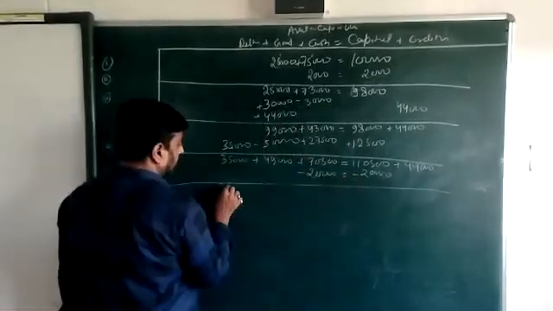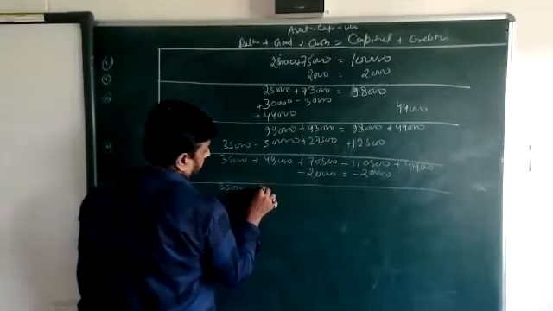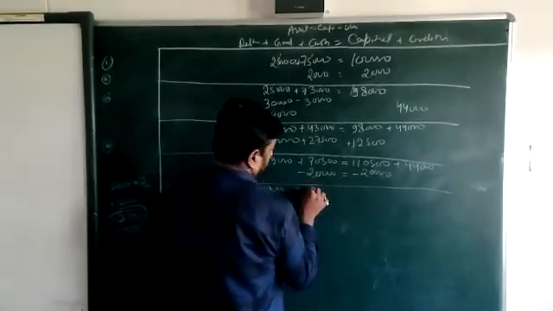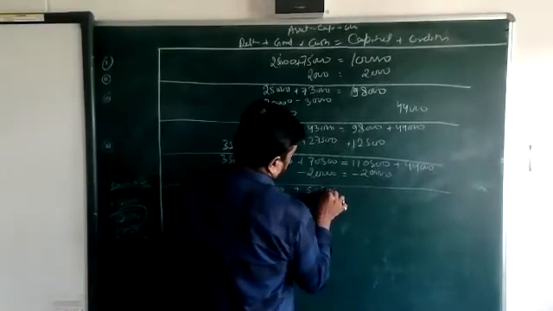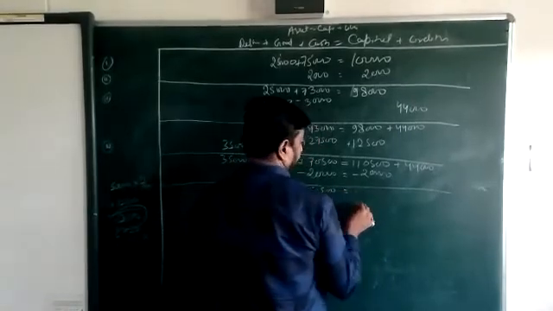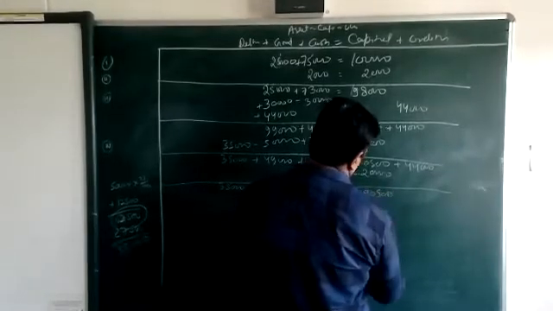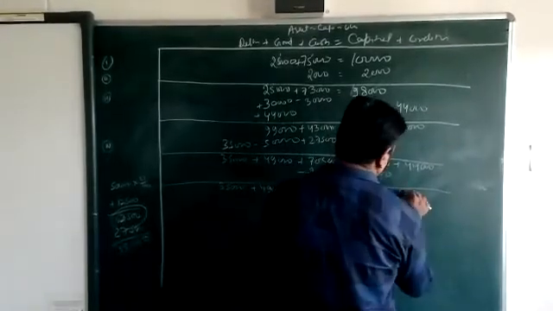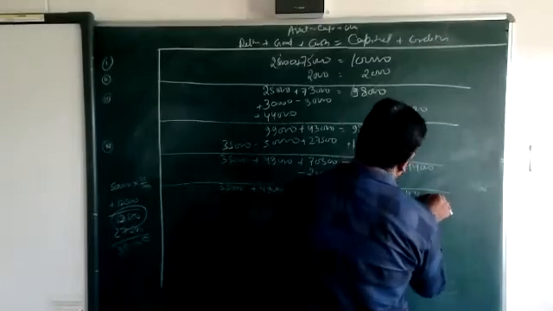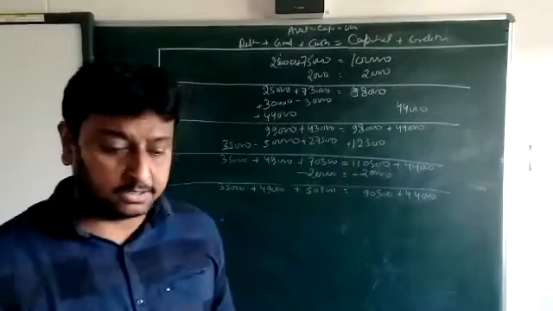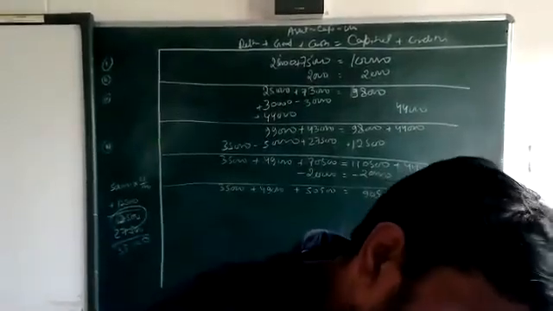So then 35,000, 49,000, 50,500, 90,500, 44,000. Okay, beta? Clear? Up to this is clear, beta?